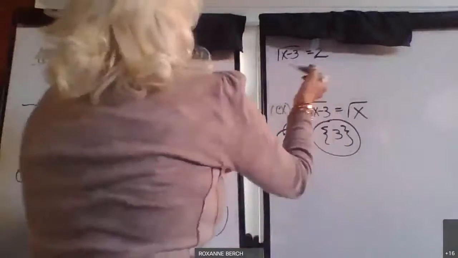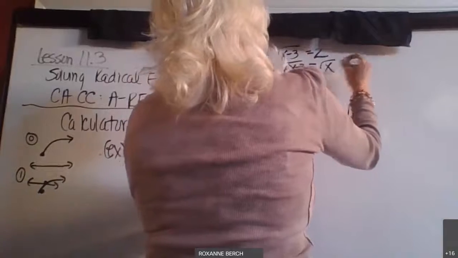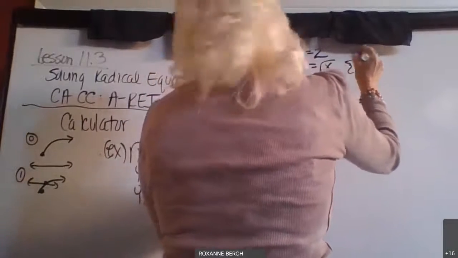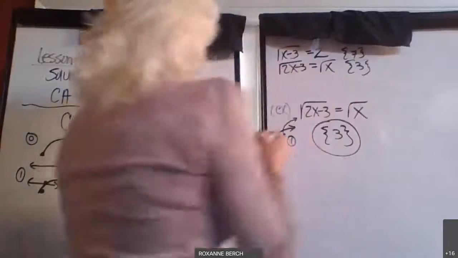We do know, let me write these up here. This is square root of 2x minus 3 equals square root of x. We know this answer is a 3, and this answer is not a 2, it's a 7.